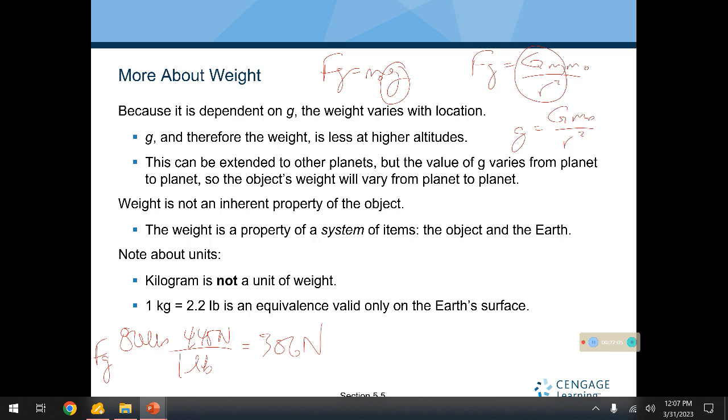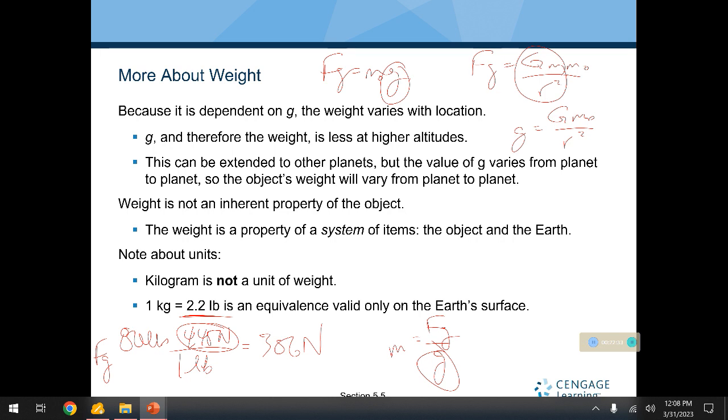That is the force of gravity. If you have the force of gravity, what do you do to figure out its mass? Divide by G. Or in other words, you multiplied by 4.45 and you divided by G, which is about 9.8. What is 9.8 divided by 4.45? Do that real quick. 2.2. There's the conversion right there.